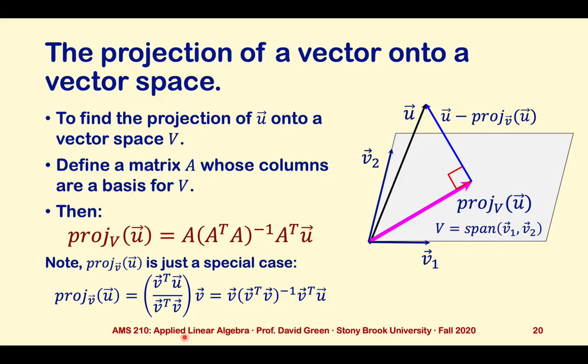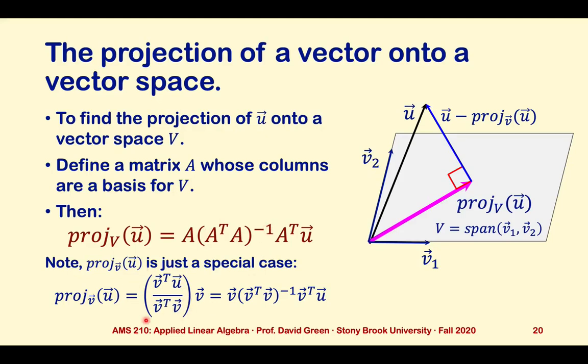And the result we had for that we had written as the ratio of V transpose U over V transpose V, times V, has all of these same components. This 1 over V transpose V can be written as V transpose V inverse, equivalent to A transpose A inverse.